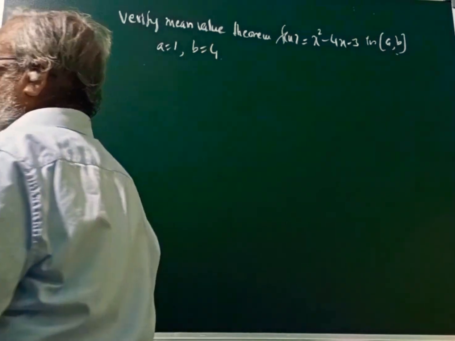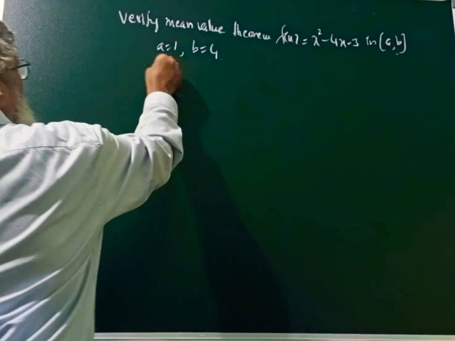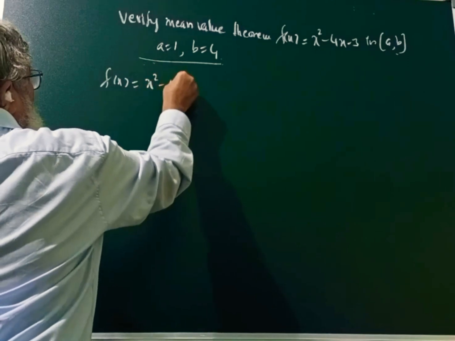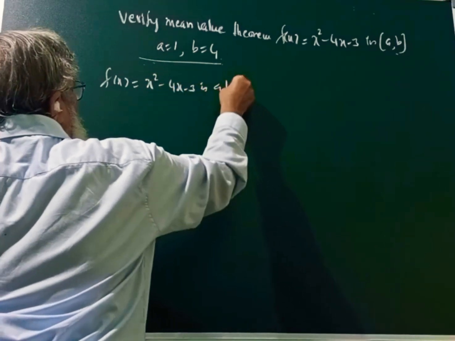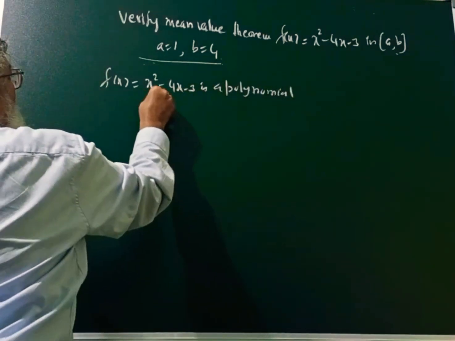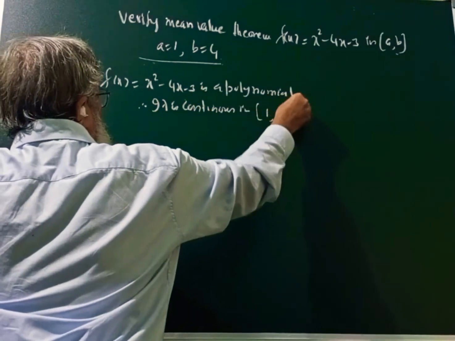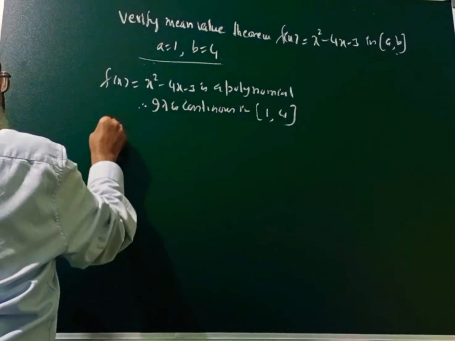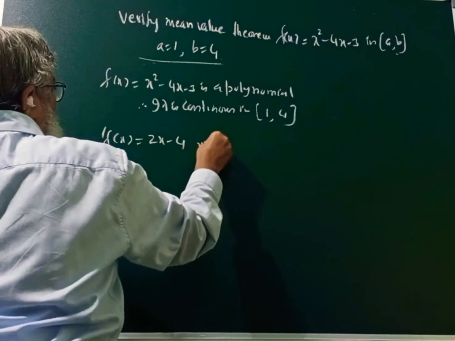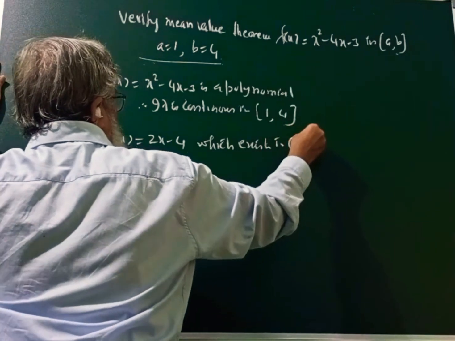Here, first, f(x) is equal to x square minus 4x minus 3, which is a polynomial. Therefore, it is continuous in the given interval 1 to 4. Also f dash x, that is 2x minus 4, exists in the open interval 1 to 4.